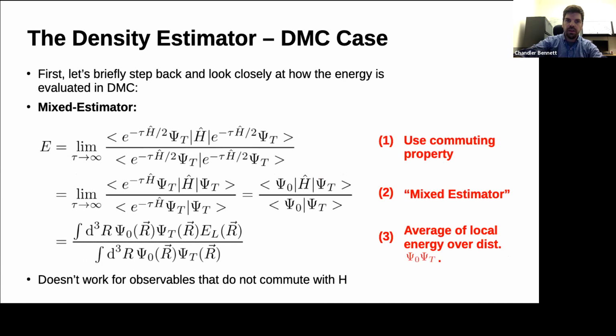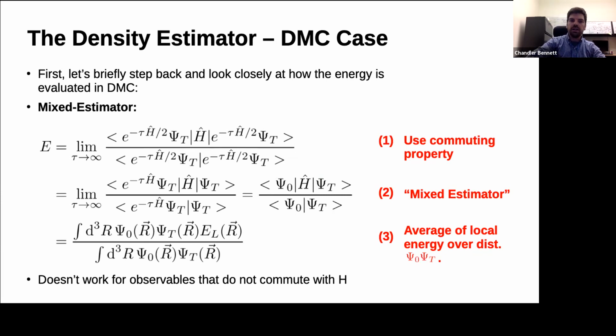Okay. Now, how about for the DMC case? Let's first step back and look at how the energy is evaluated in DMC. Recall that in DMC, we're performing an imaginary time projection.